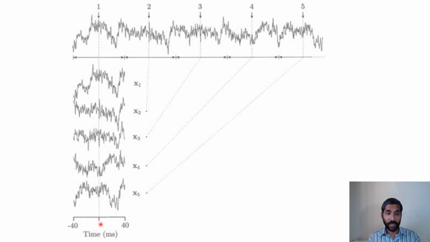Now, when you do the averaging, what is going to happen? The noise and signals that are really not related to the stimulus are going to get averaged out, while if there is a response to the stimulus, that's going to keep adding up, right? And that's how you get those nice evoked potentials that we saw previously.